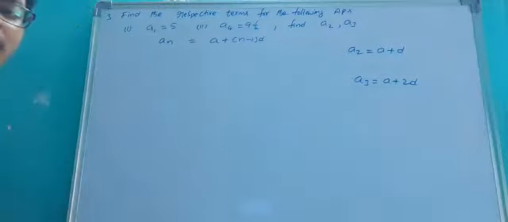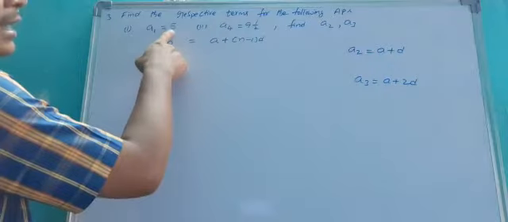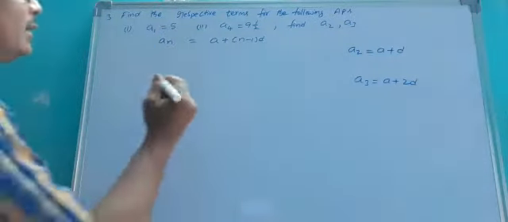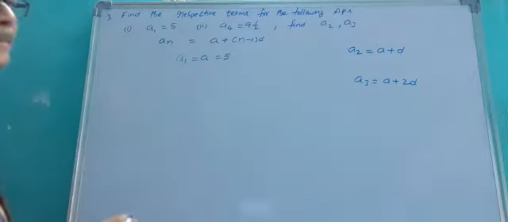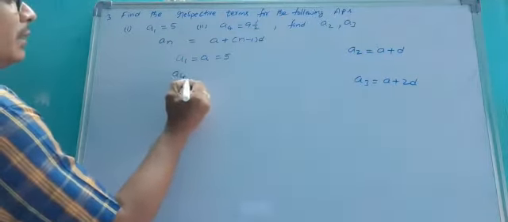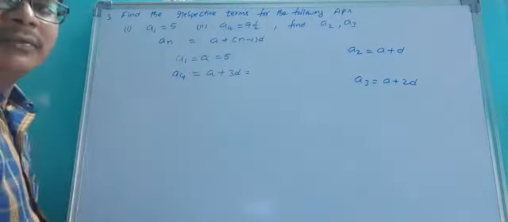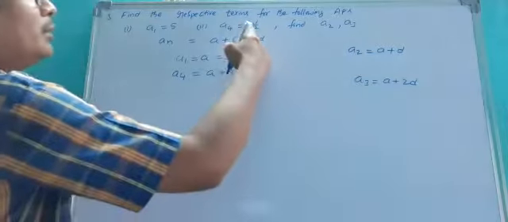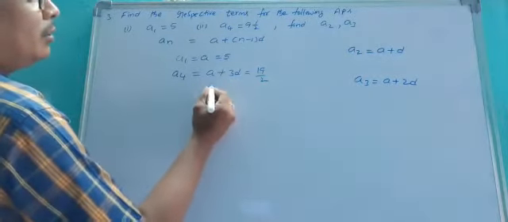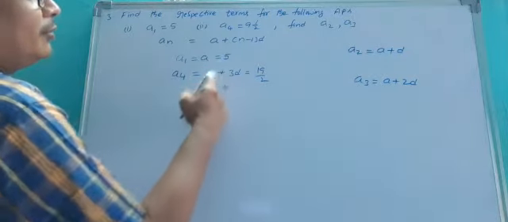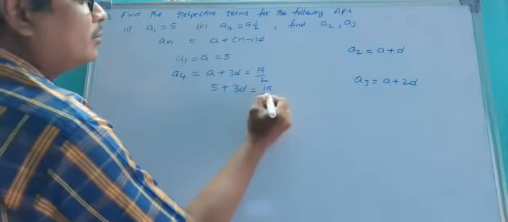So how to find a and d? Some clues are there. a1, the first term, is given, a1 equals a equals 5. And a4, the fourth term, equals a plus 3d equals, this mixed fraction converted into improper, 2 nines are 18 plus 1, 19 by 2. Already you know a equals 5. Substitute it and you get the value of d.